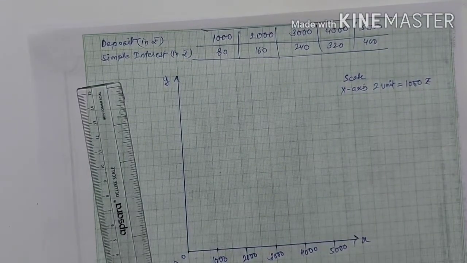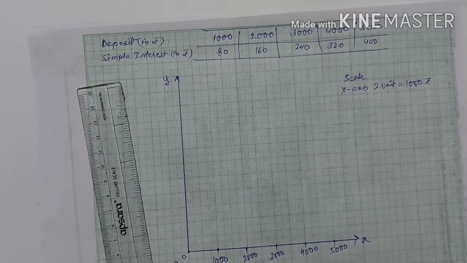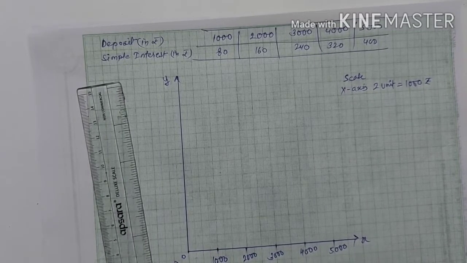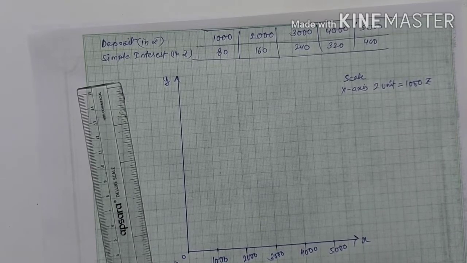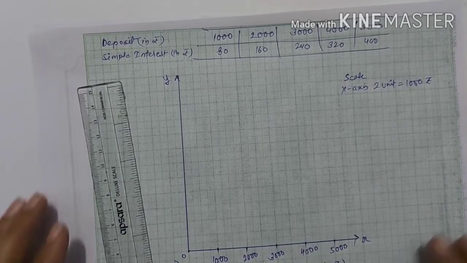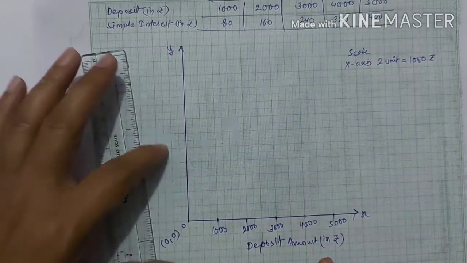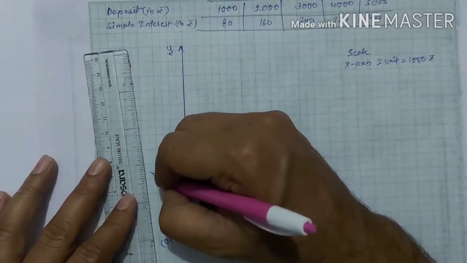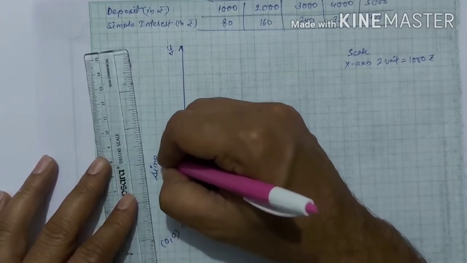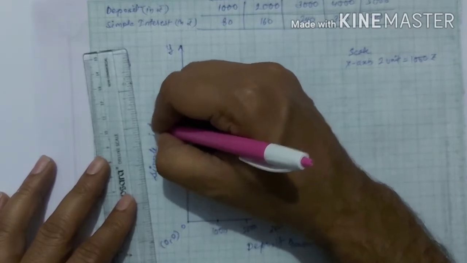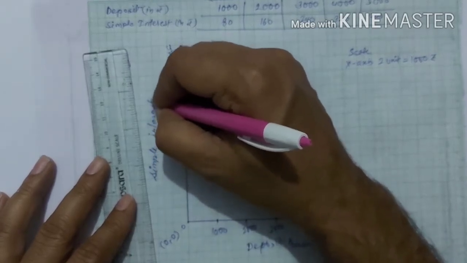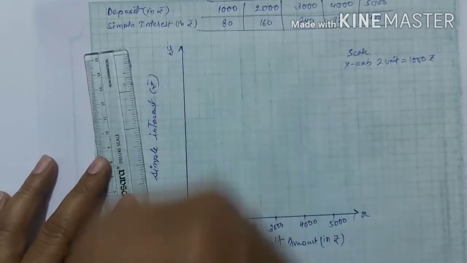Here we write deposit amount in rupees, and on the y-axis we write simple interest in rupees.